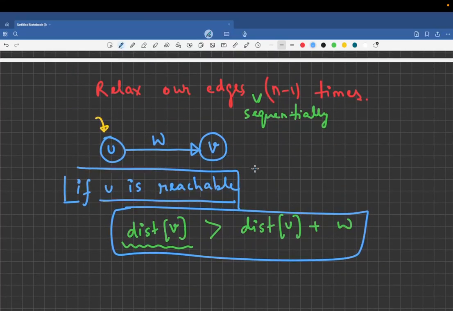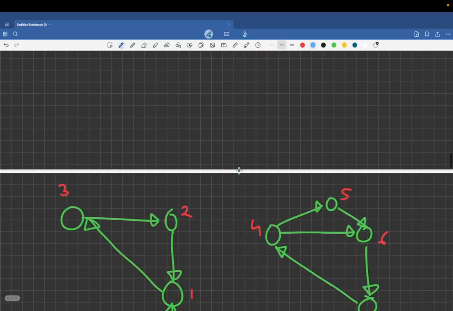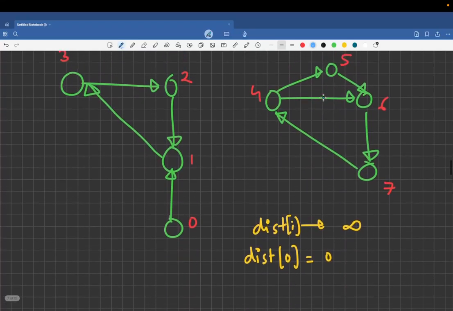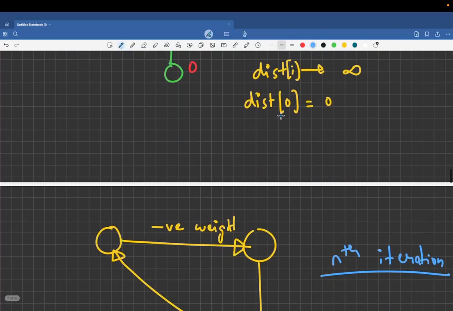You are just removing this conventional condition that U is reachable or not, because you don't want the shortest distance from a particular node. In this problem, you only need to know whether the graph contains the negative weight cycle or not. So if you simply remove that condition, you will be able to detect the negative weight cycle.